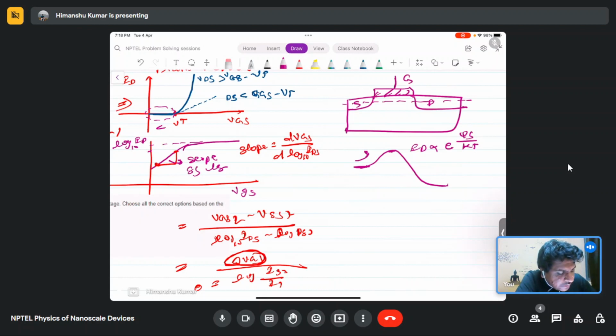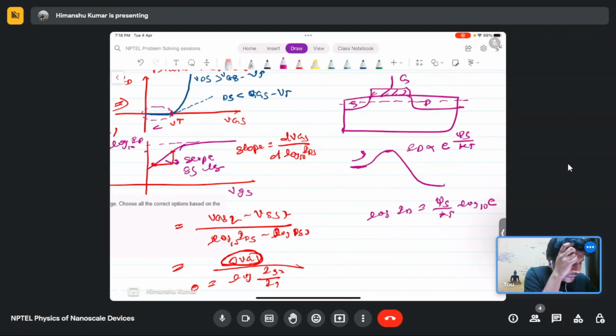If we take the log of this characteristic, log of ID equals psi s by kT times log base 10 of e.